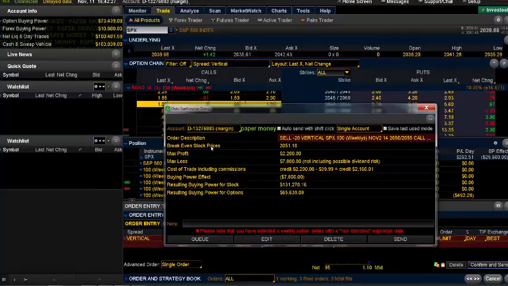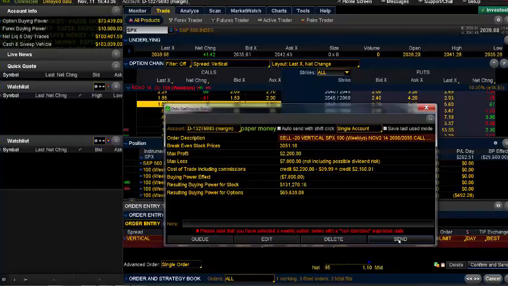Break-even stock price here, or index price in this case, is 2051.10. Again, that's a gross approximation of the break-even price. The maximum profit you will make on this trade is $2,200. The maximum loss would be $7,800. The cost of the trade would be $2,200 minus the commission for a net of $2,160.01. The amount that the broker will hold in your account to cover this trade is $7,800.